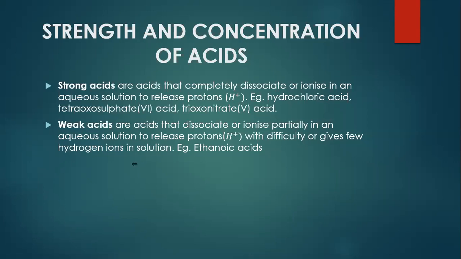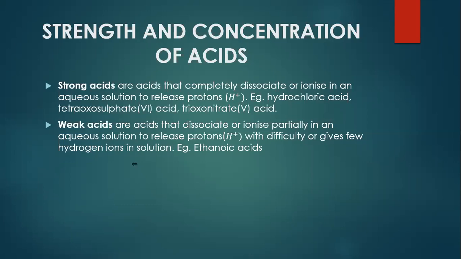When these protons are released, there's difficulty in releasing them, or only a small amount of these protons or hydrogen ions are released. So with a weak acid, they ionize partially. Strong acid, they ionize completely in an aqueous solution. That is a simple way you can put them.